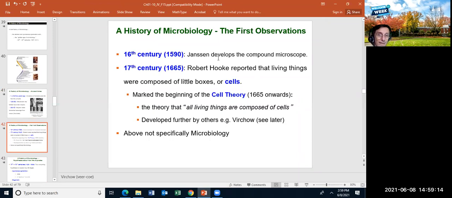And obviously a compound microscope is important for microbiology because without the microscope we can't see the microorganisms. Surprisingly, the first cells were not seen until 75 years later.